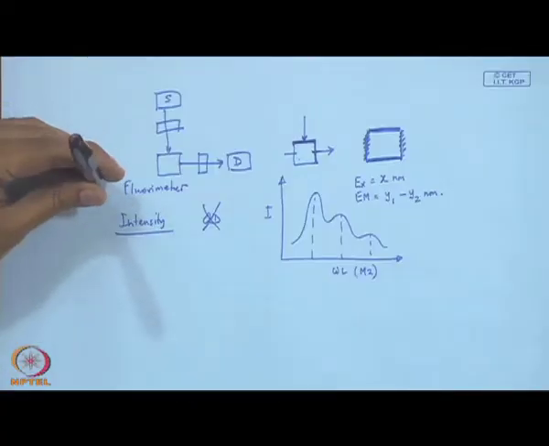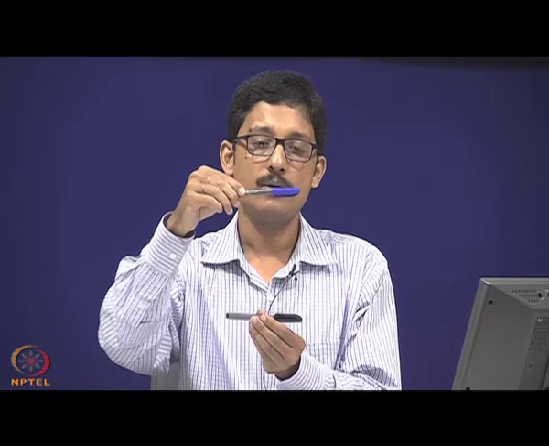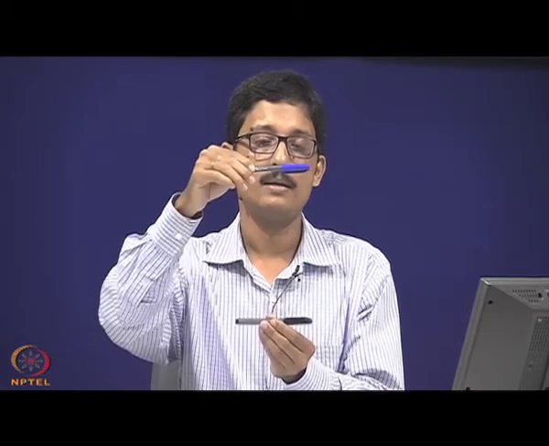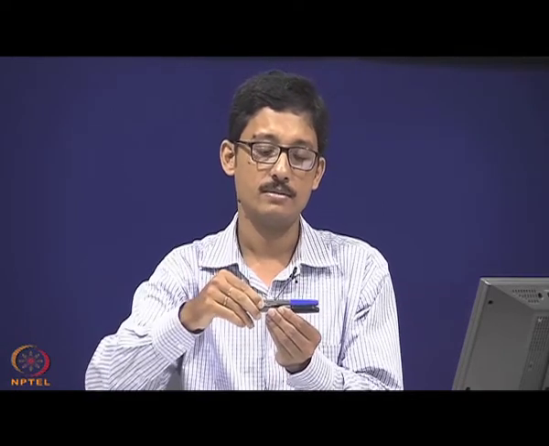Excitation means molecules are excited from the lower level to the upper level. Now, if lower to upper, then there is a possibility that it will come back through radiation. This is called emission. I am not telling it is fluorescence, it is emission.